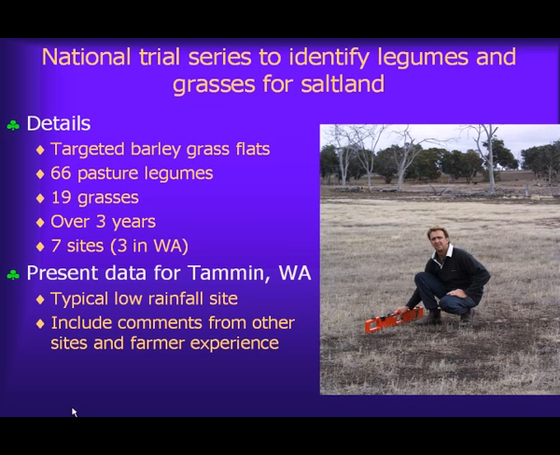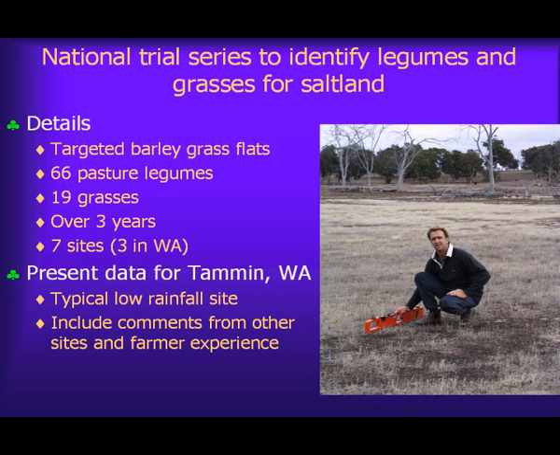Now we set up a national trial series through the former Salinity CRC to identify legumes and grasses for saltland. So we targeted barley grass flats such as we've got showing here, which are not economic for cropping. And it was quite an extensive study which involved 66 pasture legumes, both annual and perennial, and 19 grasses.